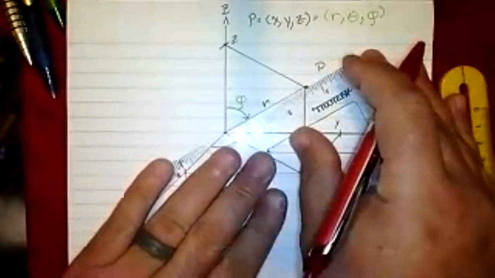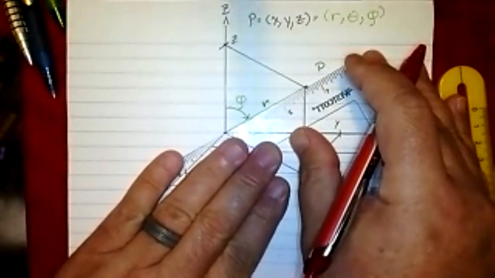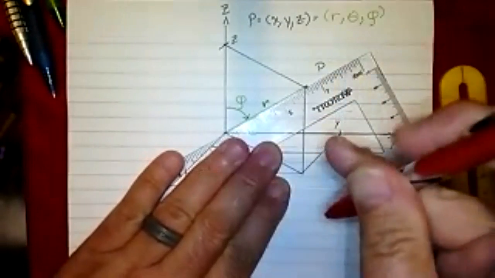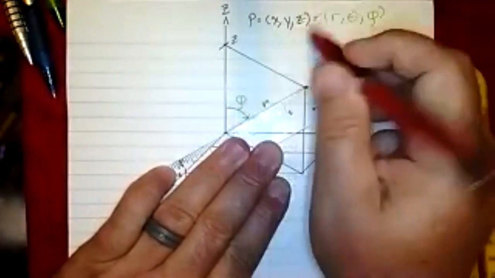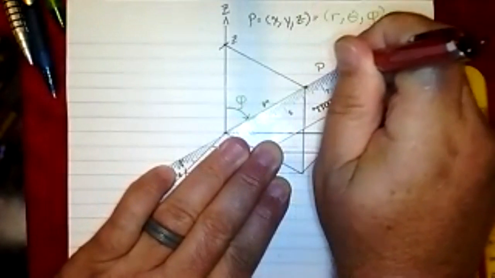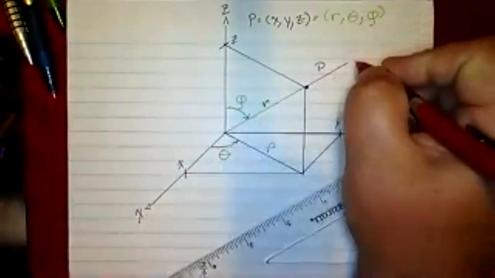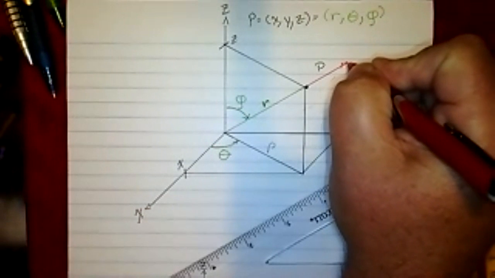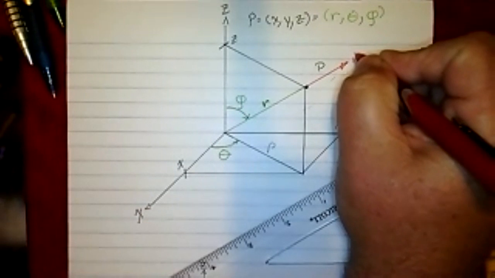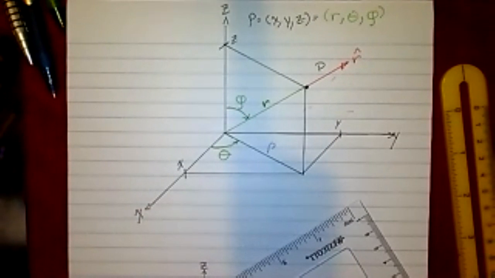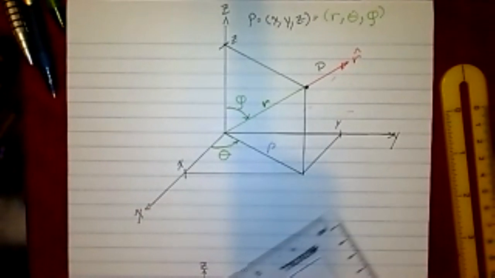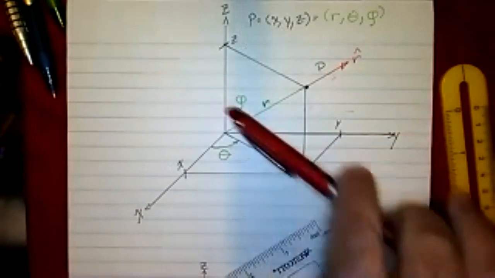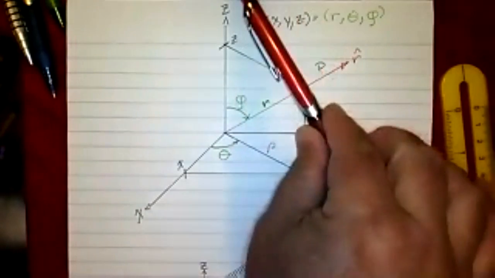But I will draw them here. If I just continue this green line that points radially from the origin through this point P, that gives me my unit vector r hat. I made it kind of big so I can draw it a little better. Now, if I went in the direction of increasing phi, you see that would be this way.